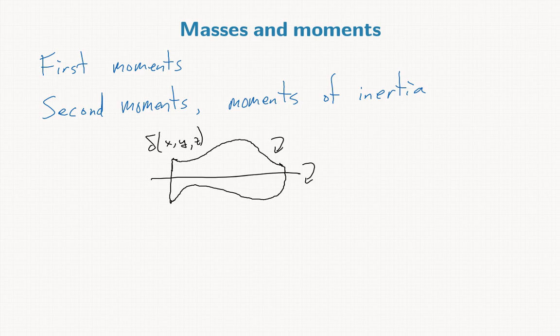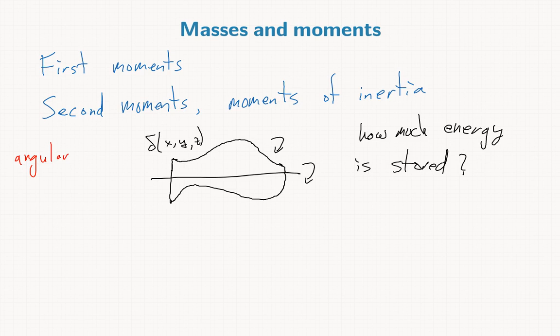So we want to know how much kinetic energy is stored here. Let's assume that this is moving at constant angular velocity omega, which is d theta by dt.